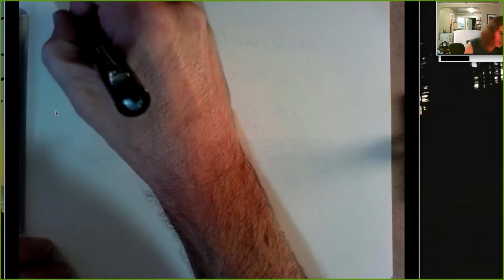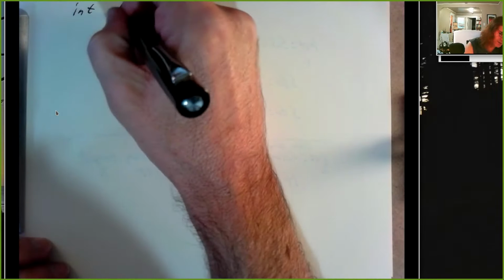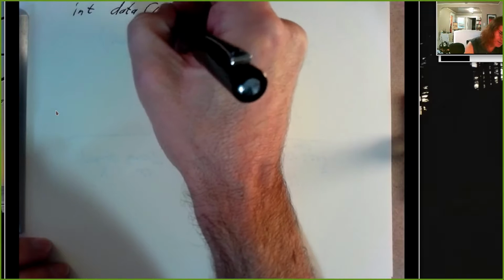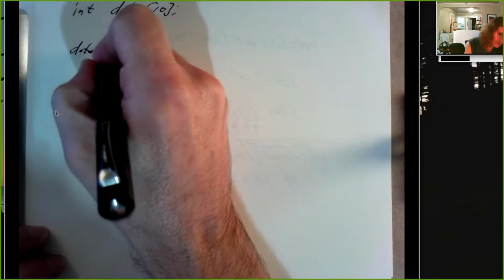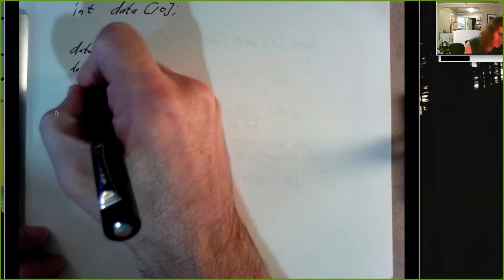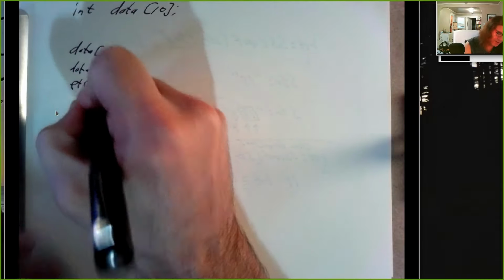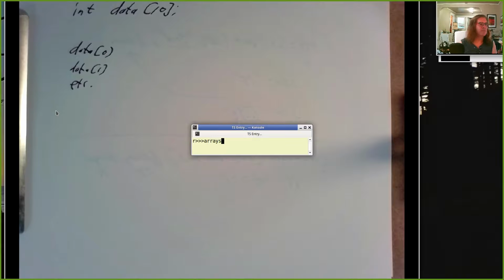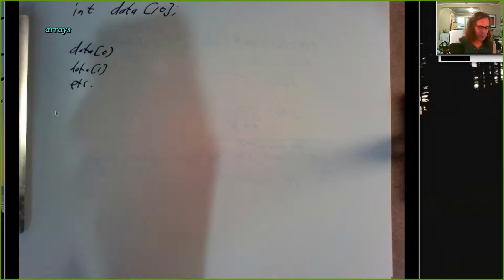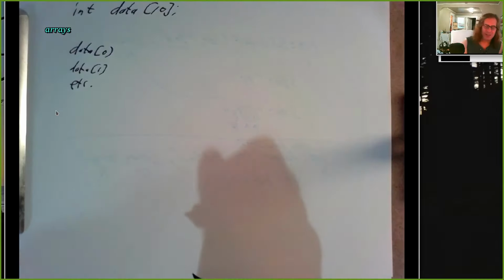So arrays are a real thing in C, right? We can say integer data bracket 10. And this lets us refer to data bracket 0, data bracket 1, etc. When you declare an array in C, you're doing a couple of things.